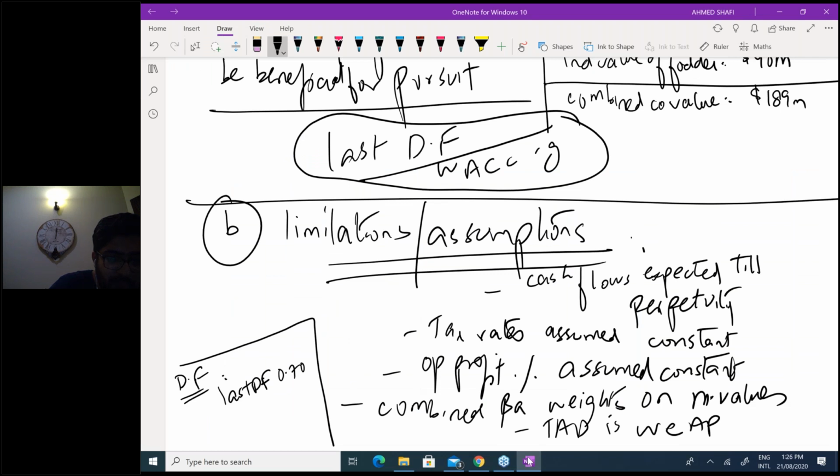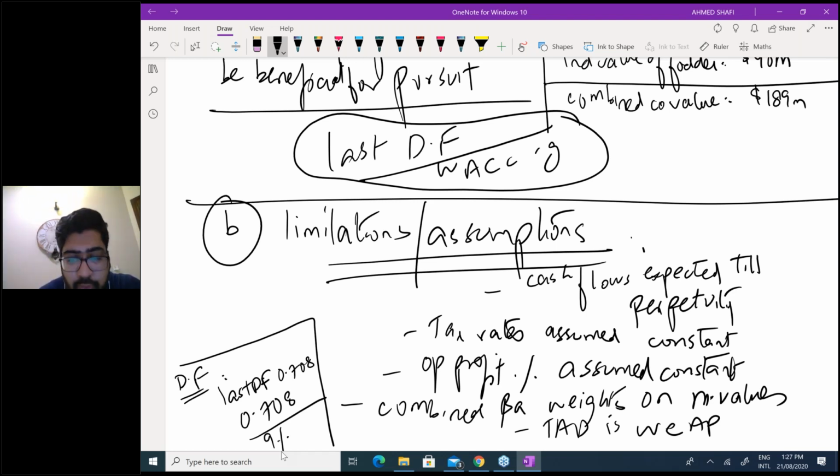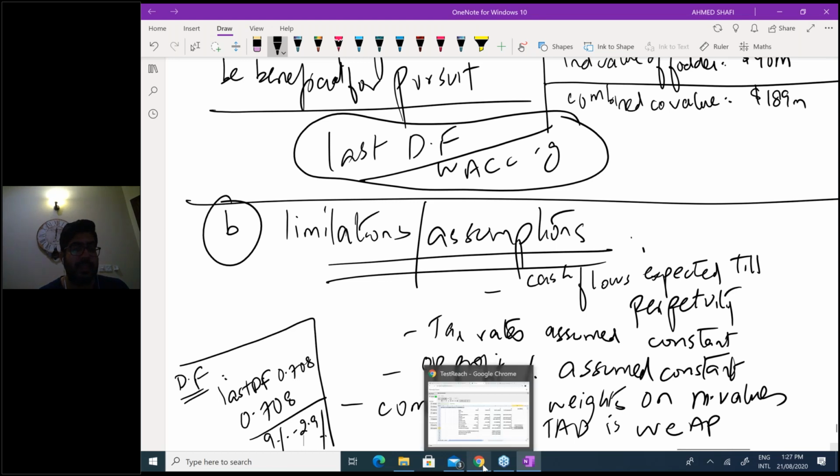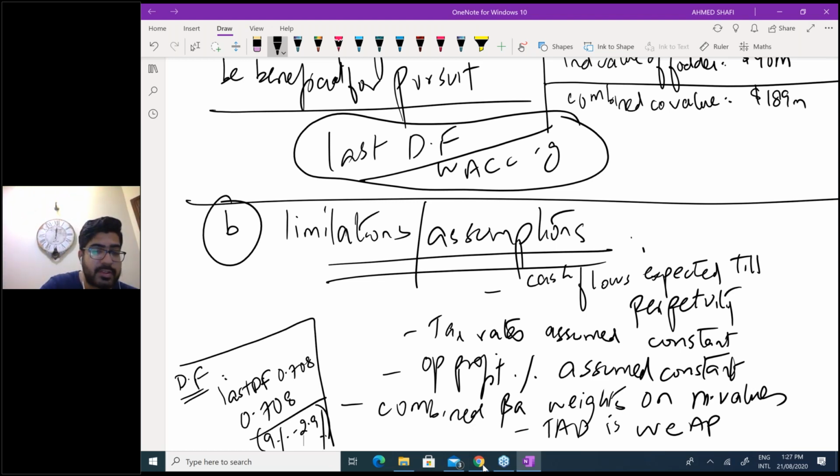So last discount factor over WACC. What is WACC? 9% minus growth rate 2.9%. This is how you get the answer. And if your calculation is producing a wrong answer with it, you are not applying the formula correctly. This should come in brackets. So it's 0.708 over 6.1%.